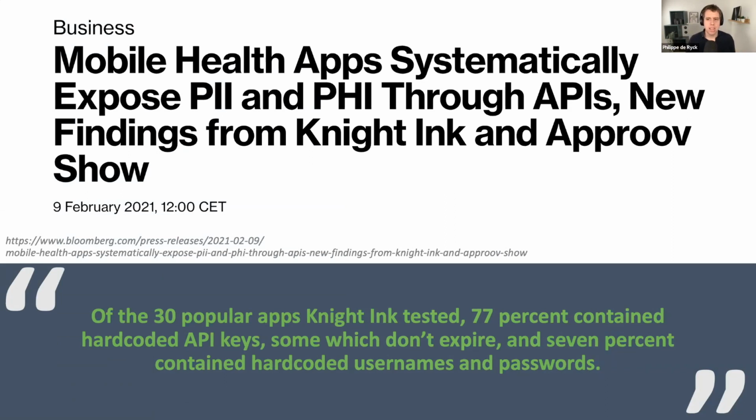These apps have sensitive data by design. It turns out that they tested about 30 popular applications, and you can find the full report at the URL, by the way, and 77% had hard-coded API keys. Yep, usernames, passwords, hard-coded in applications.